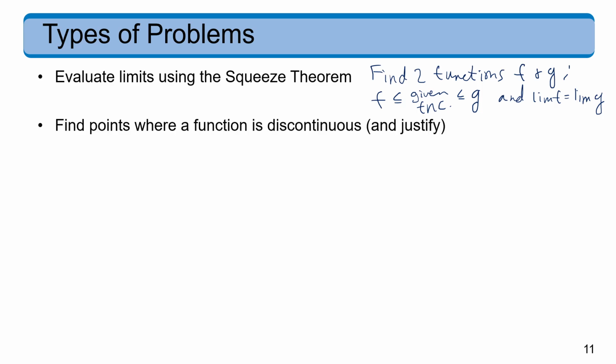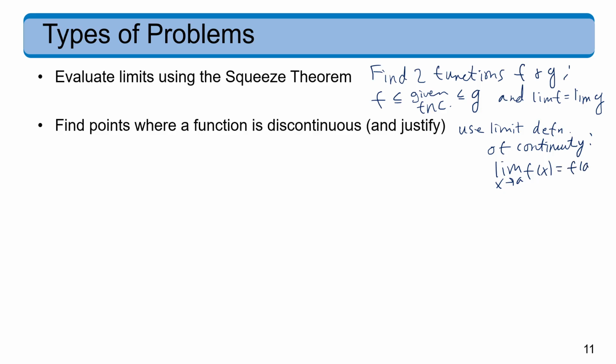Okay, another type of problem: finding points where a function is discontinuous. So you need to use the limit definition of continuity. Make sure you know that definition. It says the limit as x approaches a of f of x equals f of a.